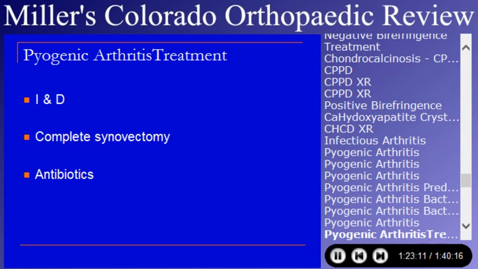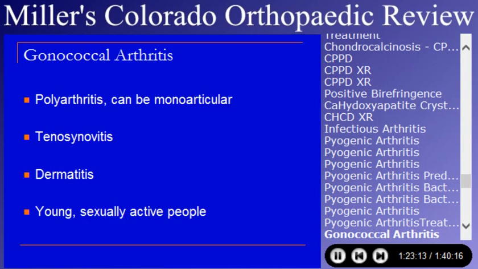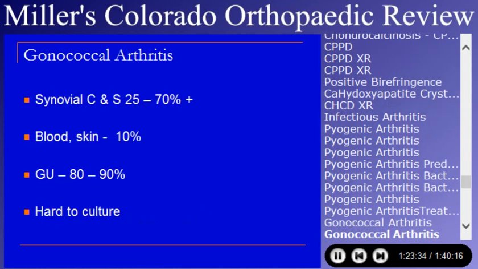Gonococcal arthritis is something that you're likely to bump into if you're doing emergency room coverage. This is a common source of polyarticular arthritis associated with tenosynovial inflammation and dermatitis. Obviously, you think about it in young, sexually active people. Culture and sensitivity is positive in a variable number of people, some of which is due to the fact that it's hard to culture.